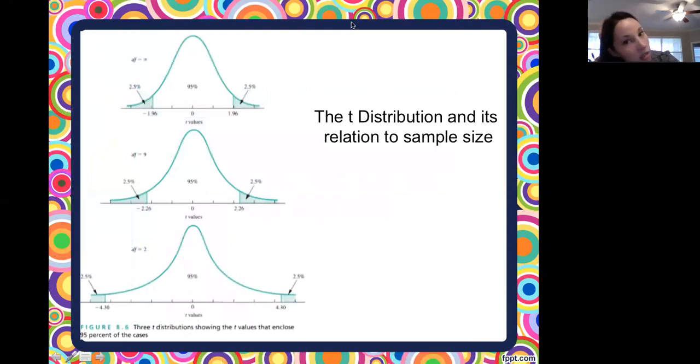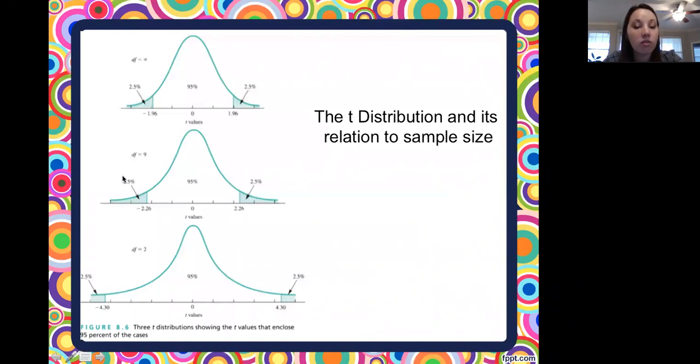So this slide here is talking about what the rejection region, or the shaded region, the region that we're interested in, what it looks like when we have different degrees of freedom. So when we have a degrees of freedom of 2, or a sample size of 3, this is what our 5% rejection region looks like, or alpha level of 0.05 looks like.